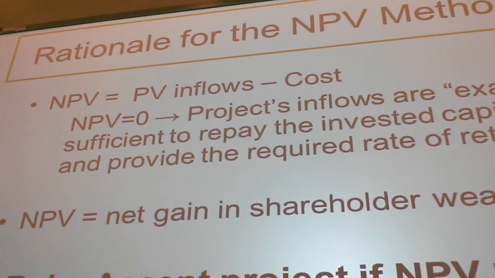Basically, an NPV greater than 0 is expected to create value for owners. This is important. An NPV greater than 0 is expected to create value for owners. So the NPV is equal to the net gain in shareholder wealth. And of course our rule is to accept it if it's greater than 0.